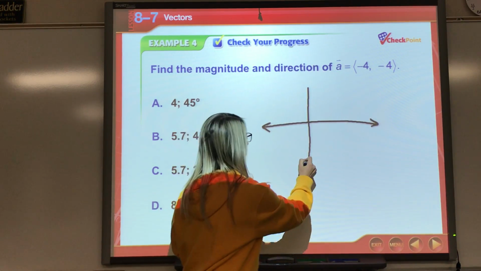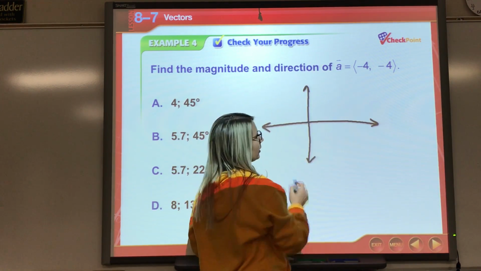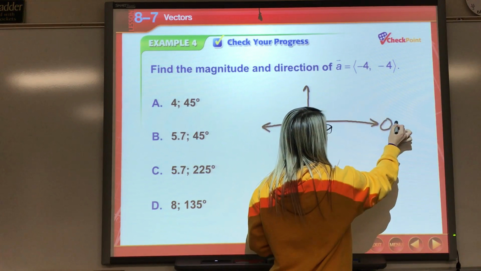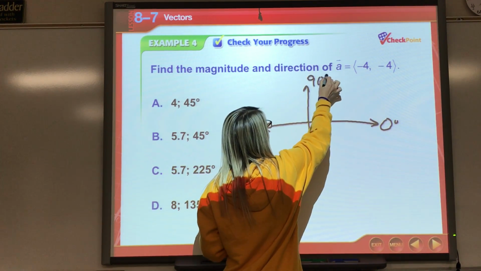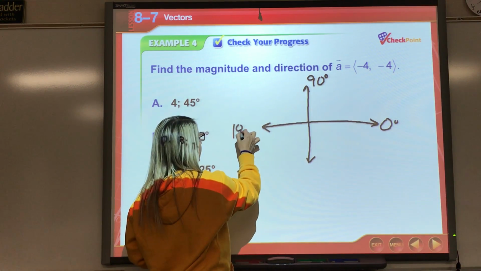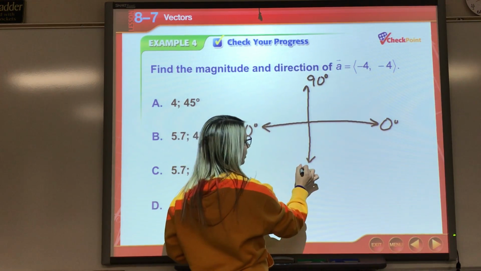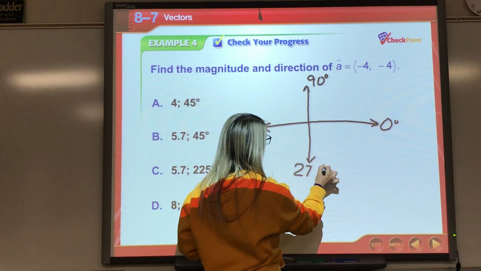Okay, and just a reminder, we're going to call this 0 degrees, we'll call this 90 degrees, right? 180 degrees, 270 degrees.